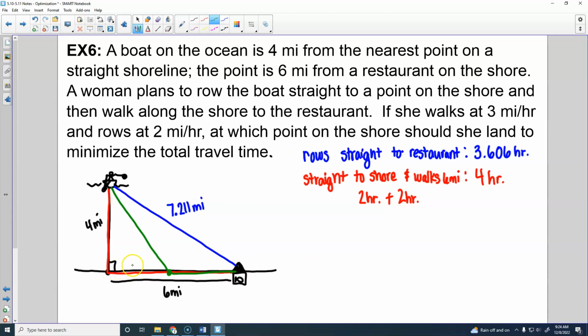I think it's going to be a little bit easier if we call this piece right here X. Okay, so if that piece is X, what is this piece? We don't want to introduce another variable. 6 minus X.